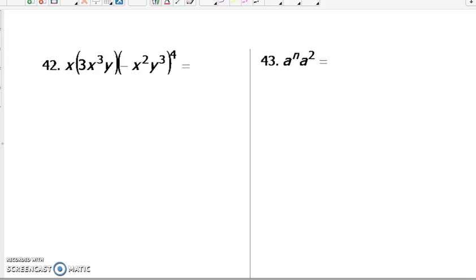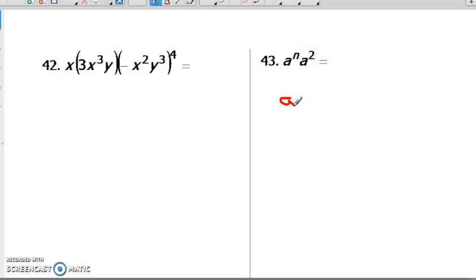Well, let's get to some of these ones that are going to look a little different. So let's take a look at 43. 43, a to the nth power times a to the second power. Now, we have the same base, but I have a variable exponent and I have a number exponent. So does that change anything? Well, let's see.